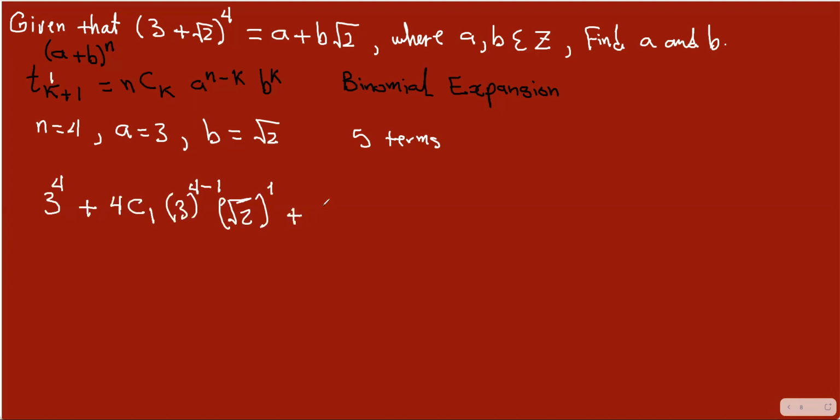Plus, then the next thing is going to be 4 choose 2, because that's the third term. Then it's going to be a to the n minus k, so 3 to the 4 minus 2, and b, which is root 2, to the power of k, and k here is 2, because if we're finding T3, then we have to make k equal 2. Also, this is going to be 4 choose 0, then 4 choose 1, and then 4 choose 2.